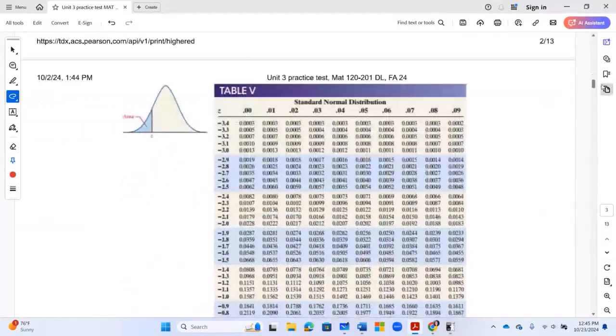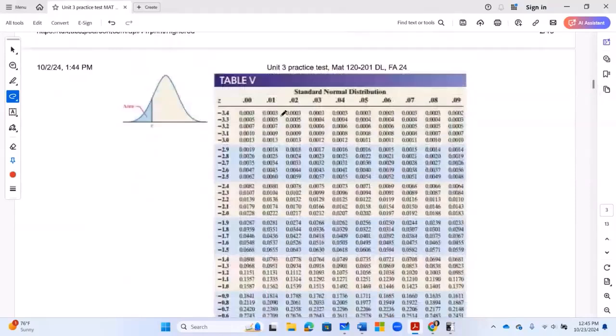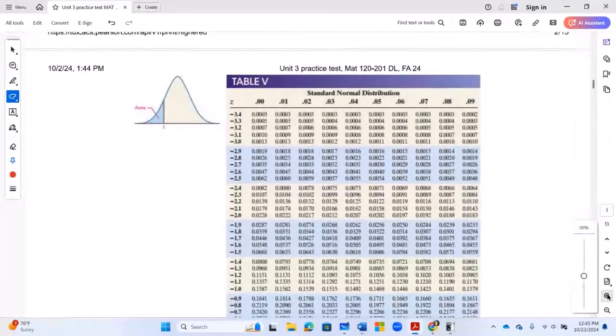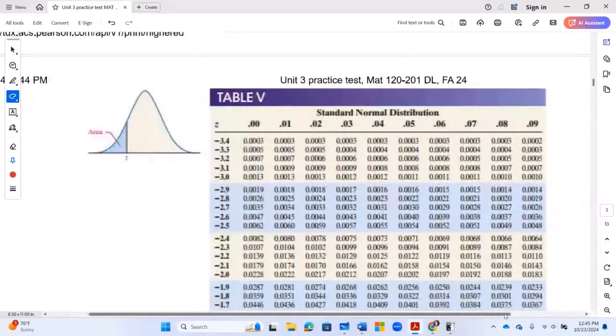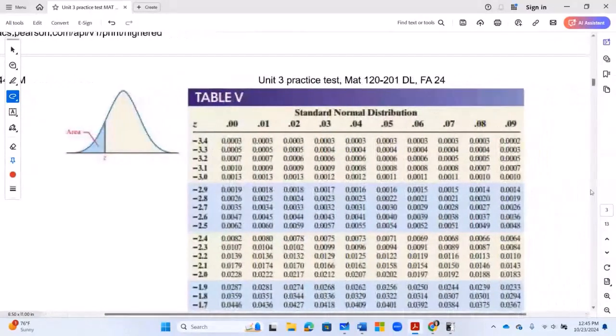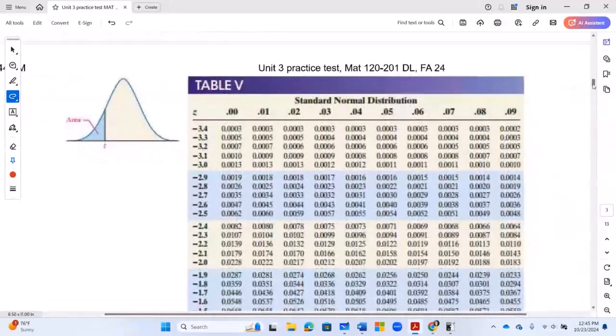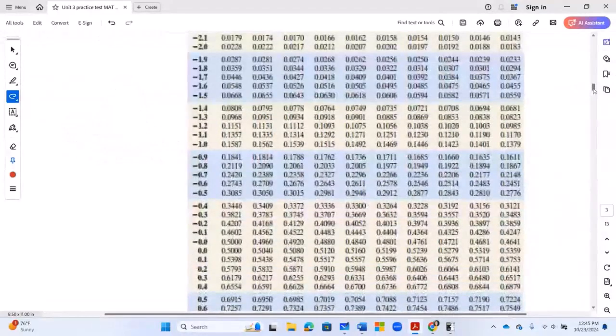Actually, your calculator is more accurate. So this is the standard normal distribution. And suppose I'm reading the chart for area to the left of negative 0.18.